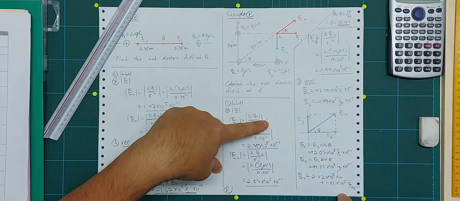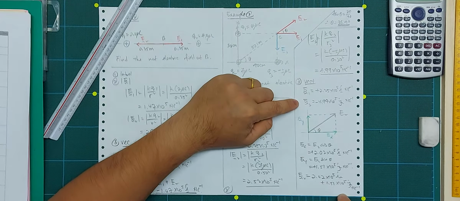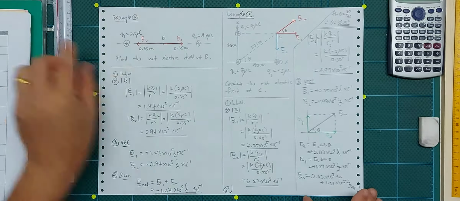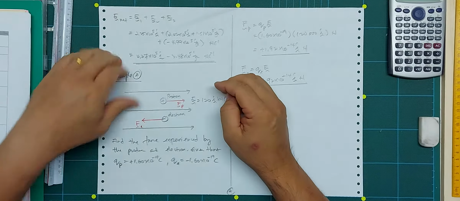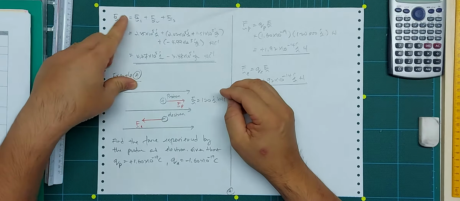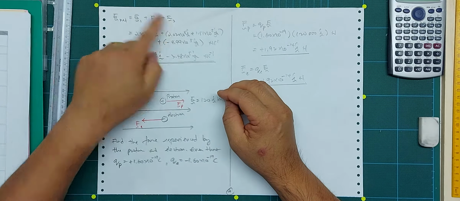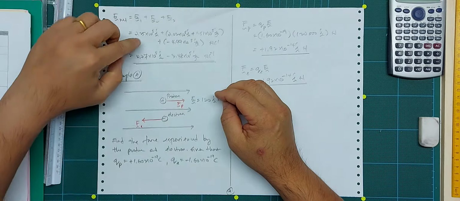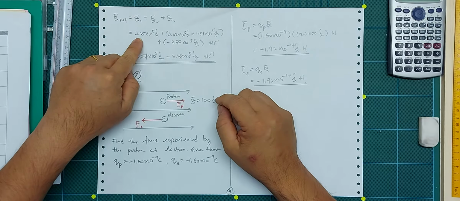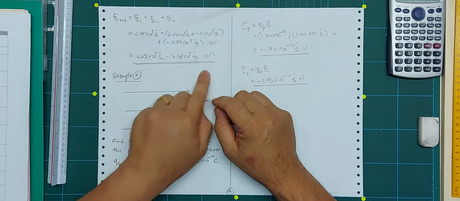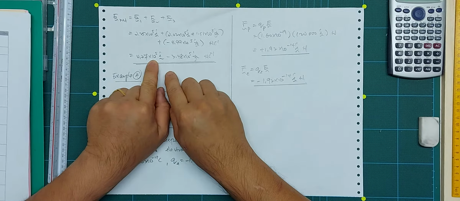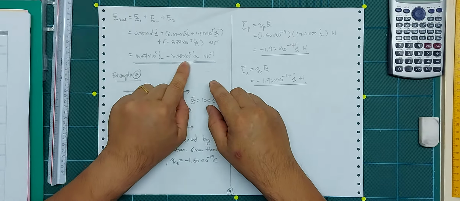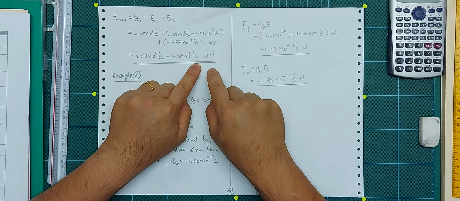This is your E2. E1, E2, E3. So your next step is to sum them up. Your net electric field is E1 plus E2 plus E3. So you write down their final vectors here, and sum up. Finally, you get 4.27 times 10 to the power 5 i minus 3.48 times 10 to the power 5 j Newton per Coulomb.